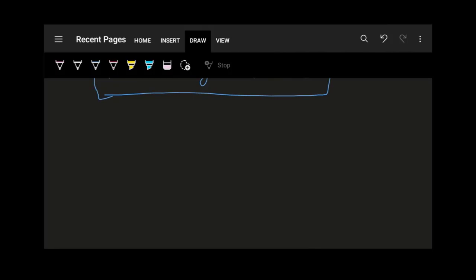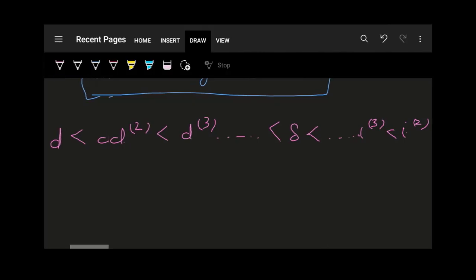The difference we saw is that the interest rate was approaching delta from above and the discount rate d was approaching delta from below, and we can also write it as d is less than d2 is less than d3 is less than delta is less than i3 is less than i2 which is less than i.